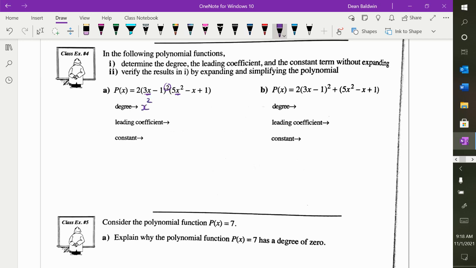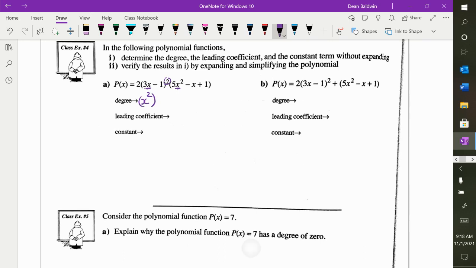So it's x to the power of 2 times the other x squared, which is going to give you x to the 4. So the degree is 4. What is the leading coefficient?